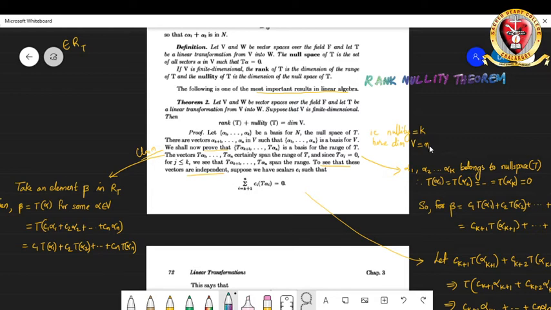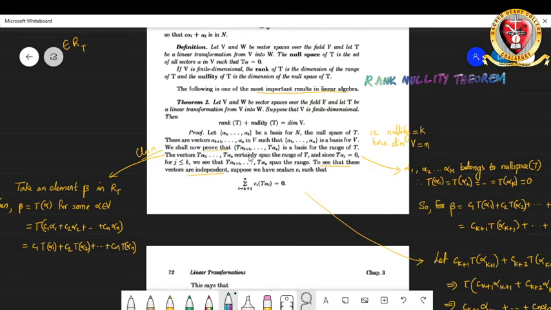Then we said that the basis elements of the null space of T can be extended by adding some more vectors, alpha k plus 1 till alpha n, such that alpha 1, alpha 2, etc., alpha k plus 1, etc., alpha n form a basis for V. That means dimension of V is equal to n is satisfied. And then we are going to claim that the range of T has the basis T of alpha k plus 1, etc., alpha n.